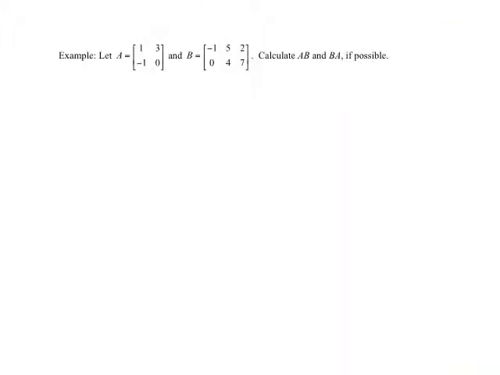All right, here's our example. We have A, we're going to just dimension it right off. A is a 2 by 2, B is a 2 by 3. We want to calculate AB and BA if possible. Well, first off, if I look at BA, that means I have 2 by 3 and 2 by 2. That's not going to work. The inner dimensions don't match. So BA is not going to work.